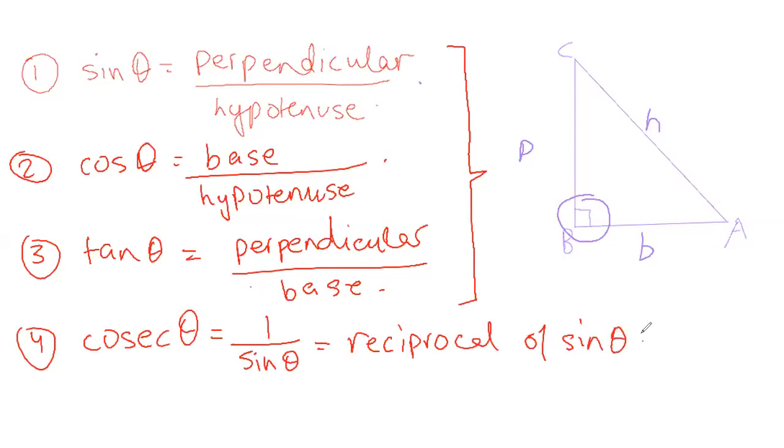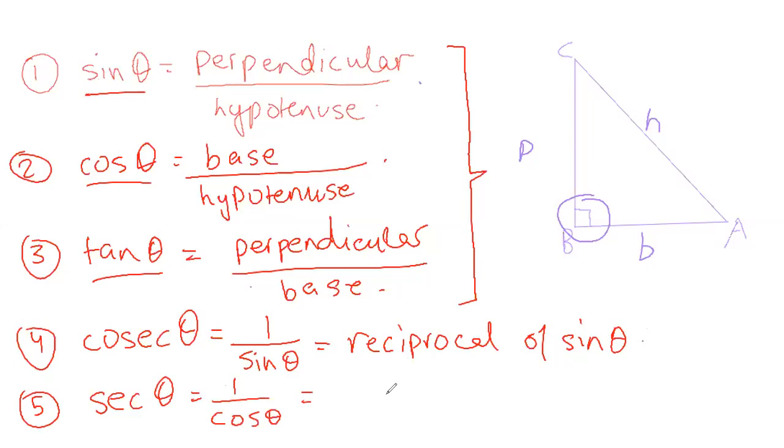Whatever formulas I'm going to display ahead are reciprocals of sine theta, cos theta, or tan theta. Our next formula will be secant theta. Secant theta is the reciprocal of cos theta, so we'll write it as 1 upon cos theta.